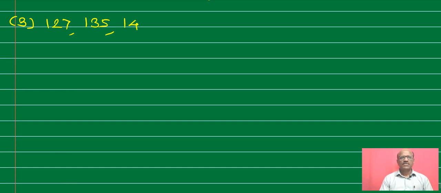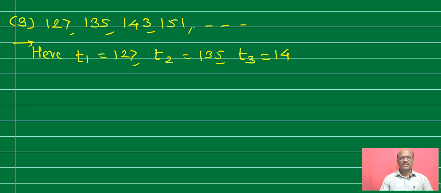Next example, 127, 135, 143, 151. Here A is equal to T1 is equal to 127, T2 is equal to 135, T3 is equal to 143, and T4 is equal to 151. D is equal to T2 minus T1, that is 135 minus 127, that is equal to 8.